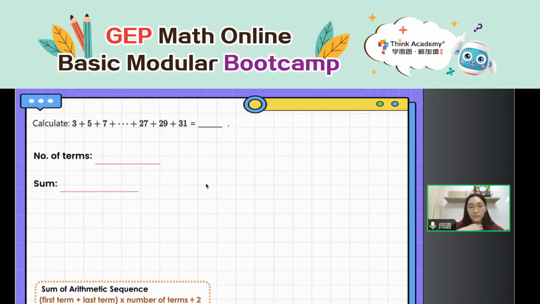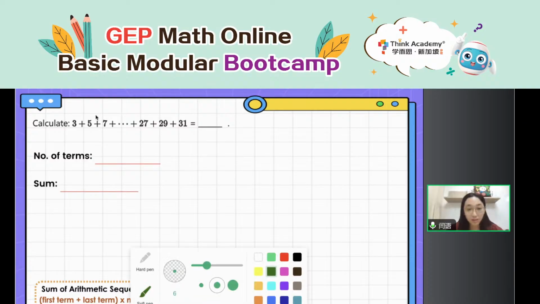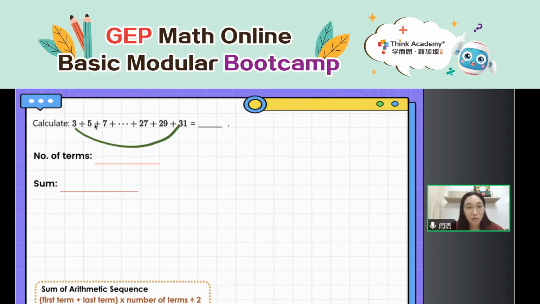Yeah, you need to figure out the number of terms first. How do we figure out the number of terms? Yeah, remember that? From 3 to 31, what is the total distance and how many small distances are there? How many small jumps are there?